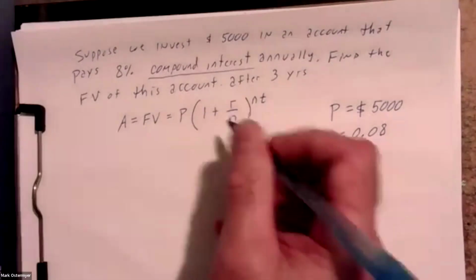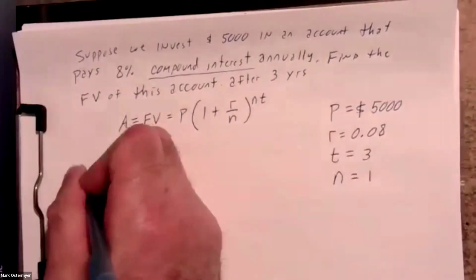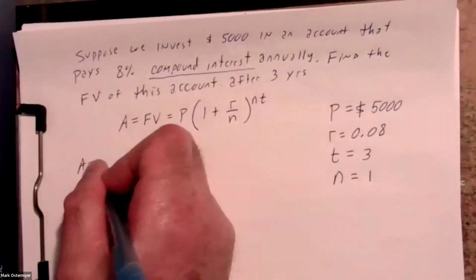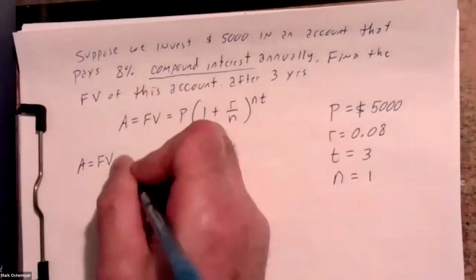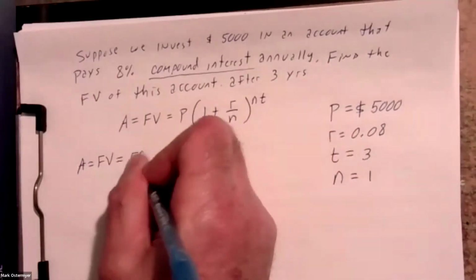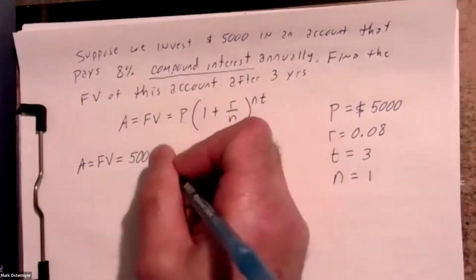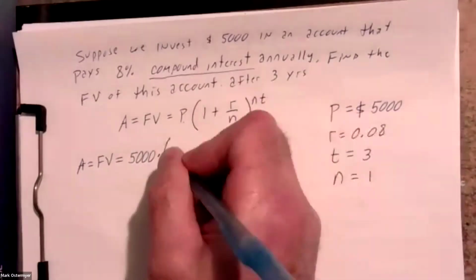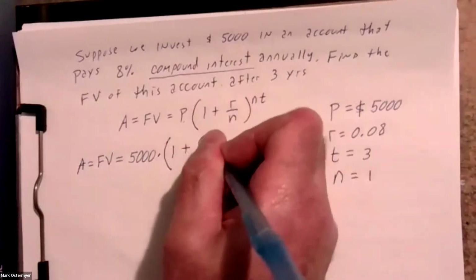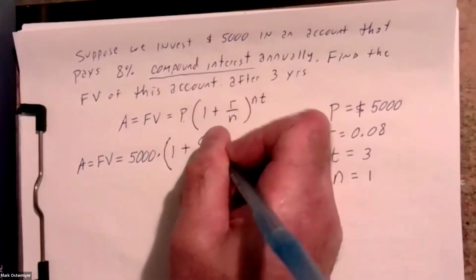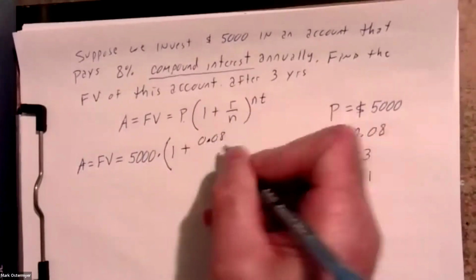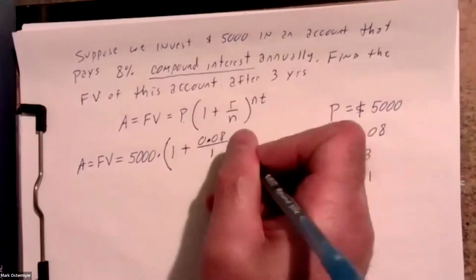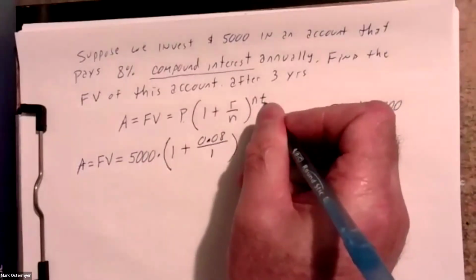All right, ladies and gentlemen, let's substitute things into the formula here and see if we can make it go on our calculator. So we got 5,000, that's your principal, times open parenthesis, 1 plus your interest rate, which is 0.08, divided by N, which is 1, all raised to the 1 times 3 power.